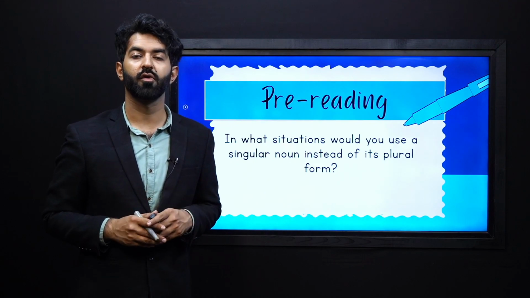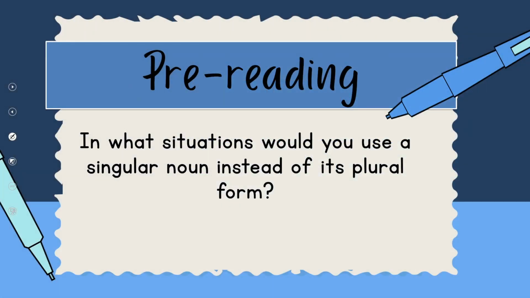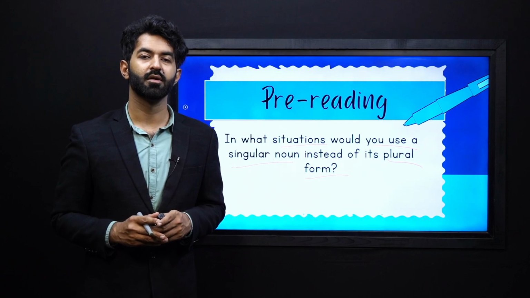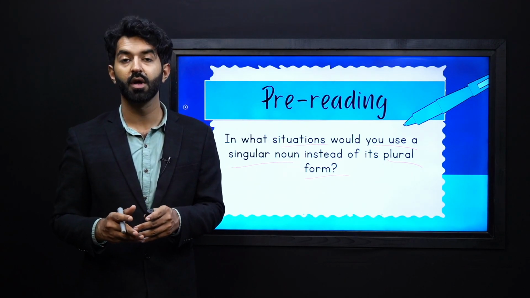Now, let's go for an interesting pre-reading. Here we have a question. In what situations would you use a singular noun instead of its plural form? Students, can you recall it? Recall the times when you used a singular noun and when you used a plural noun.